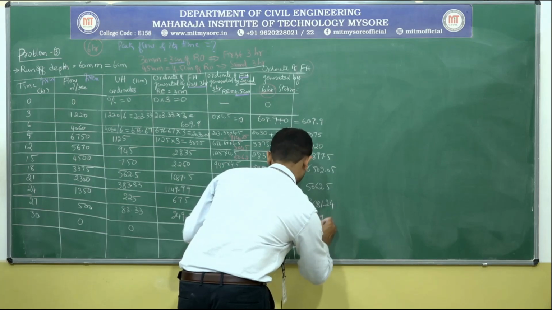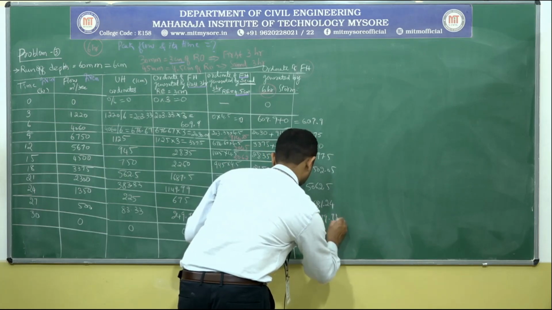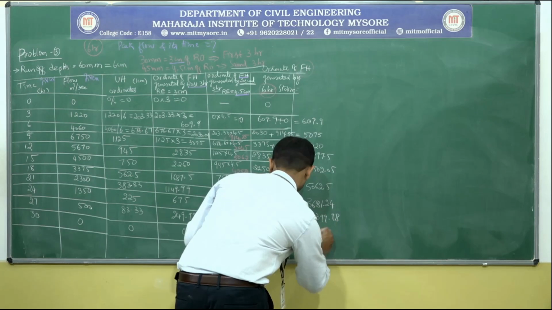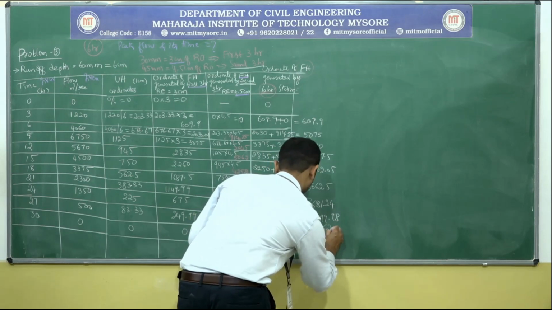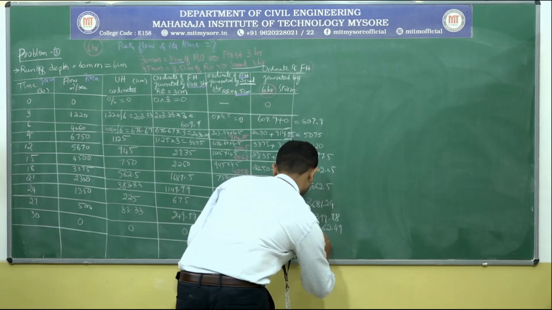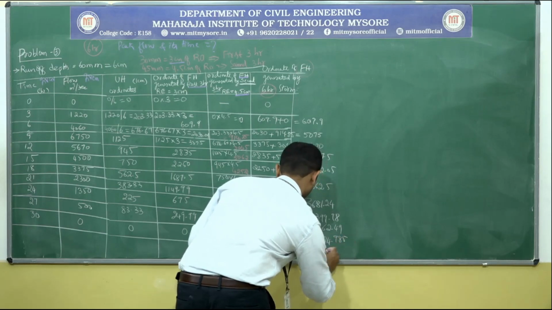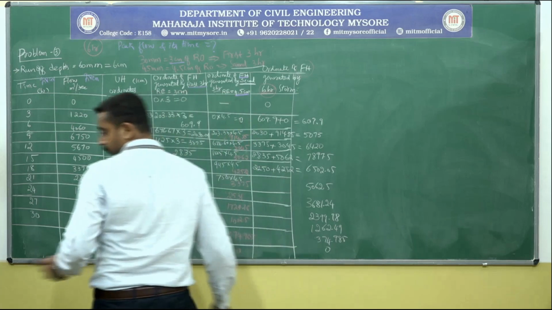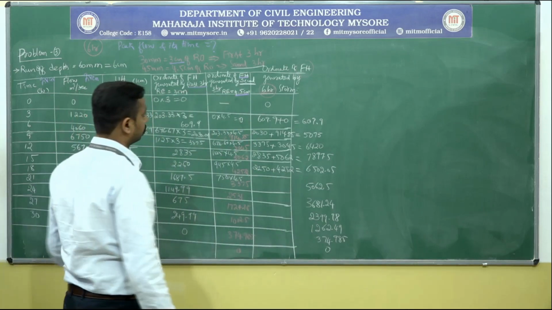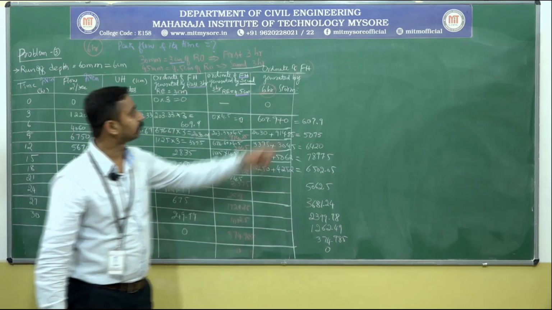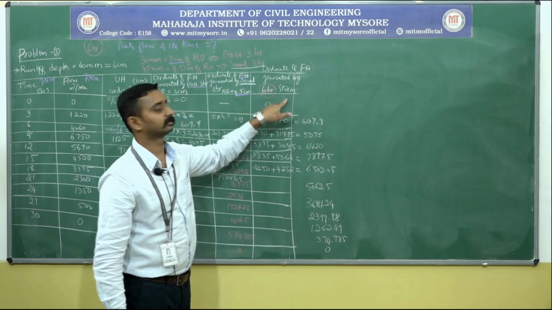Next 2399.98, 1262.49, 374.985, 0. These are the ordinates of the flood hydrograph generated by 6 hour storm.